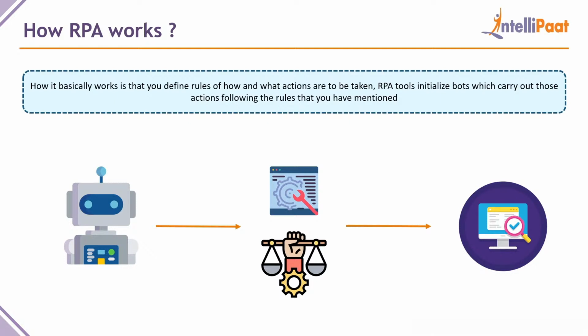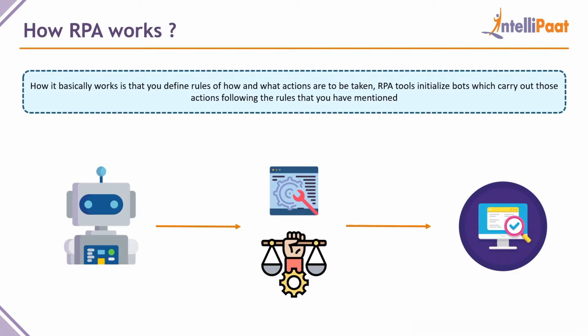Now once you have defined and saved that program, and you run it, the software initializes a robot, or a bot, which is behind the system. You cannot see it, it's inside of the system. This robot comes and looks at your program, and it sees one action at a time. It sees, okay, go to the web browser, so it goes to the web browser.